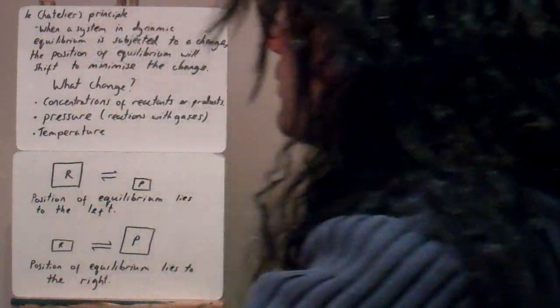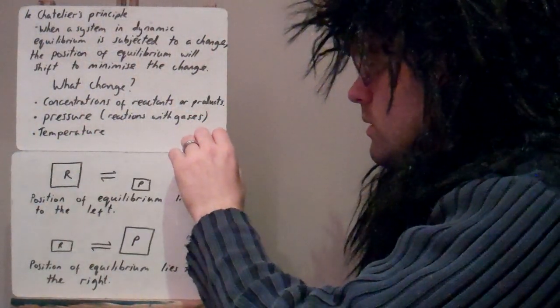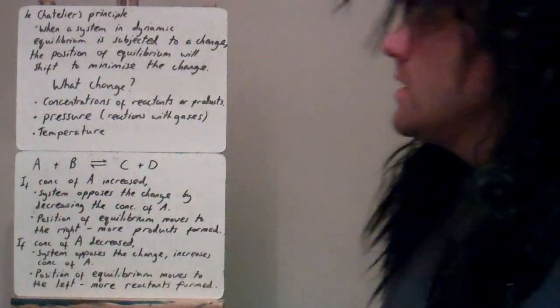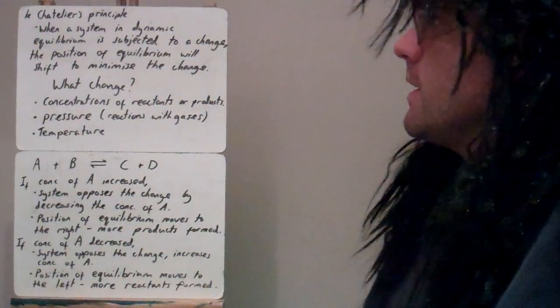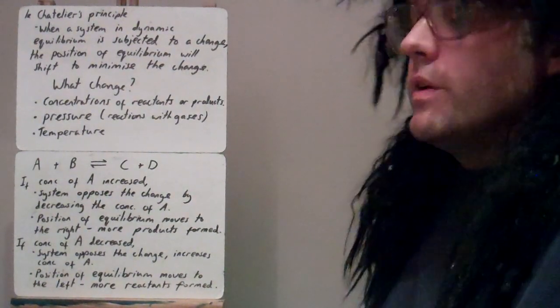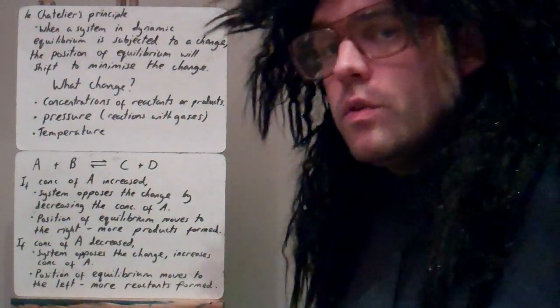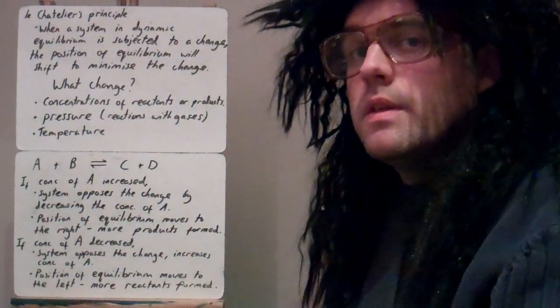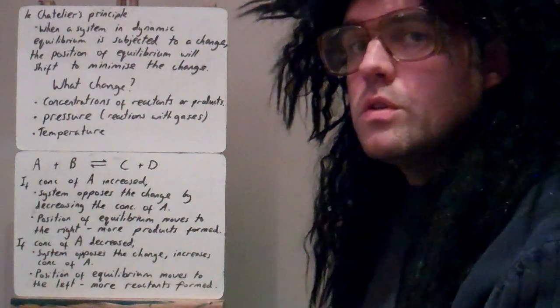And Le Chatelier's principle, he's obviously a French scientist, he said, when a system in dynamic equilibrium is subjected to a change, the position of equilibrium will shift to minimise the change. So whatever you change about the reaction, the equilibrium will shift to minimise what you've just done.